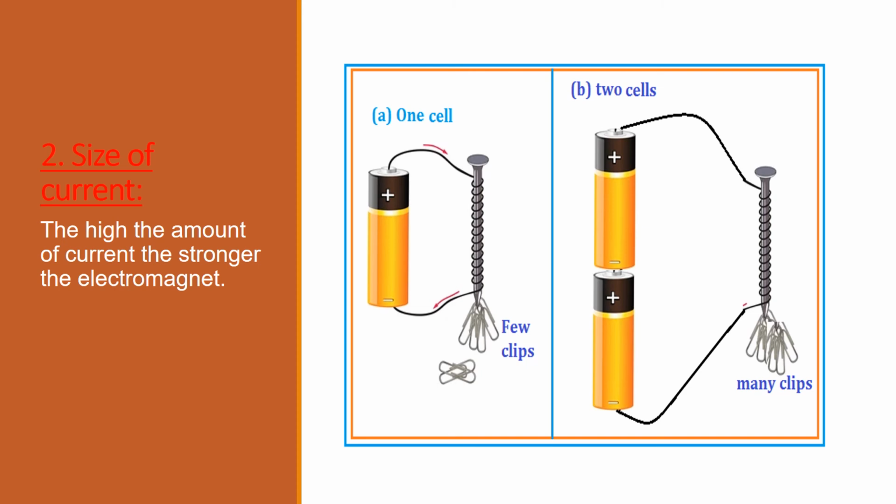If you use many cells, it will be able to attract many clips. Conclusion: the more the number of cells, the higher the current that flows, and the stronger the electromagnet becomes. So the higher the current, the stronger the electromagnet.